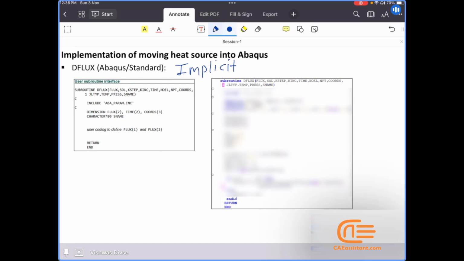What are the advantages of the two solvers, and when to use which solver, is a separate topic actually. We will not go into that much detail. But in our context, I will tell you: whenever a simulation consists of a lot of non-linearities, dynamic phenomena, contacts, damage, such kinds of complex things, it's very difficult to handle with the implicit algorithm.